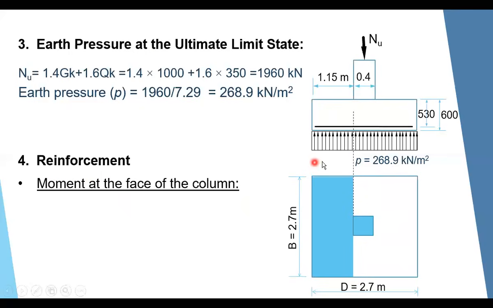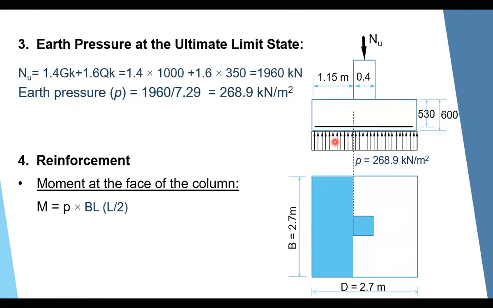To do that, we have this soil pressure. So M here equals this soil pressure times this hatched area. It will give us a concentrated load here times the lever arm. We explain this in video number 1, the first video about footing, if you want to go and check.